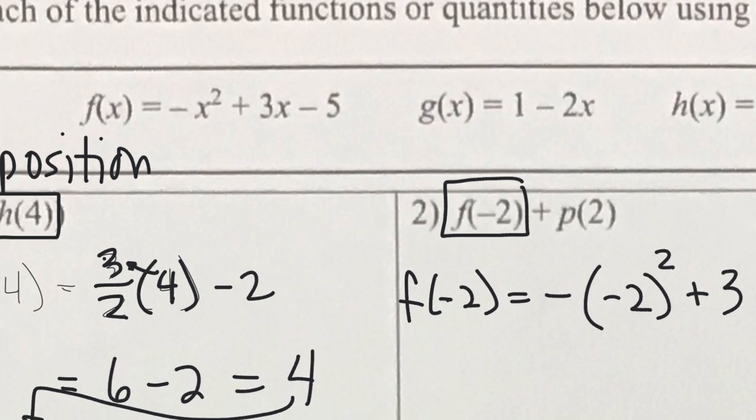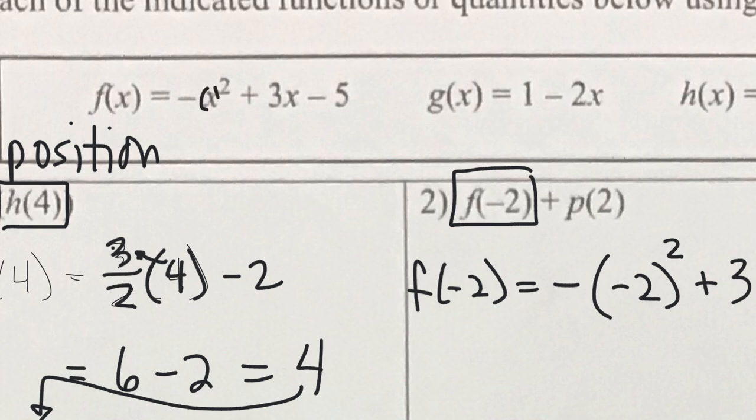Okay, so we're replacing -2 in for your x's, right? Just the x's. So you put parentheses around it and leave everything else there. Okay, so the negative is in front. Okay, it's a +3 minus 5, and so on and so forth.